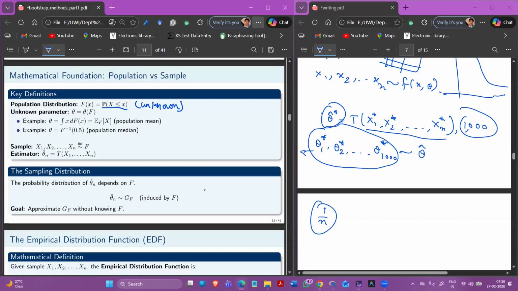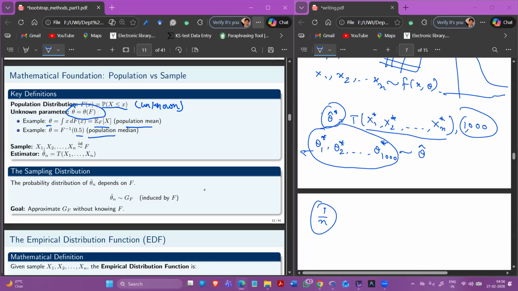And we have the unknown parameter theta, which is a function of the CDF. It is not a single observation value, but a function of the CDF. Then we take the sample and estimate the population mean based on the sample mean. If theta is the population mean, we approximate it by the expected value of X. Similarly, for the population median, theta equals F inverse of 0.5. What is the median? Where the probability is half, right? That's why 0.5.